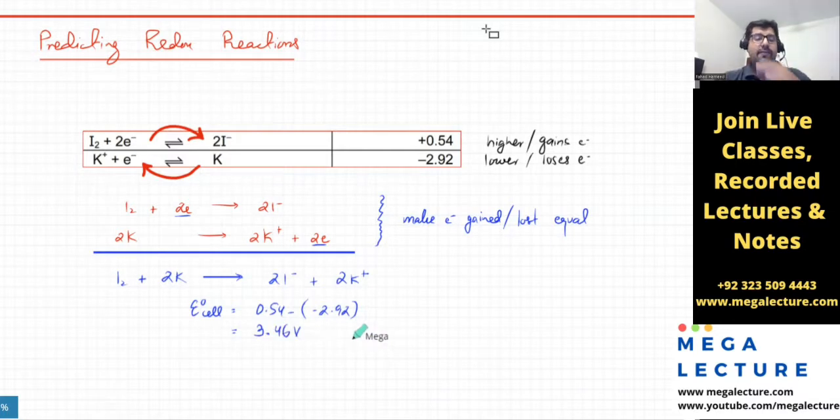So kind of easy, but there's one problem with this, and that is, okay, how did we exactly know? Now there's going to be a problem with this. I mean, this is simple. High gains, lower loses. There's nothing to it.